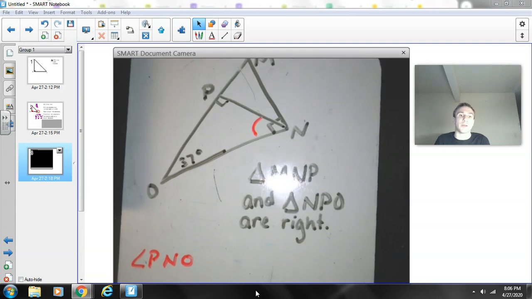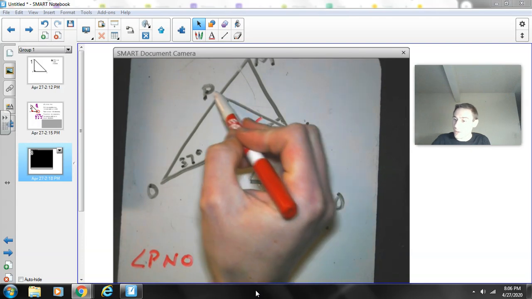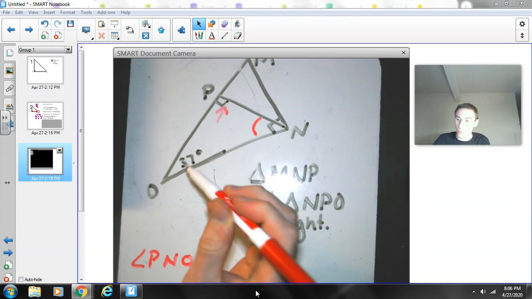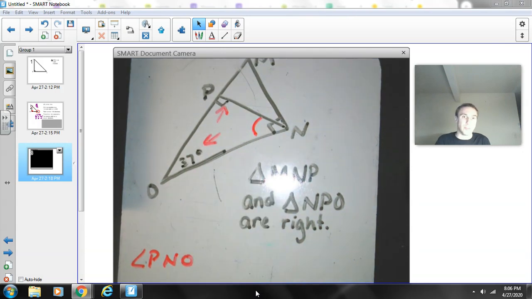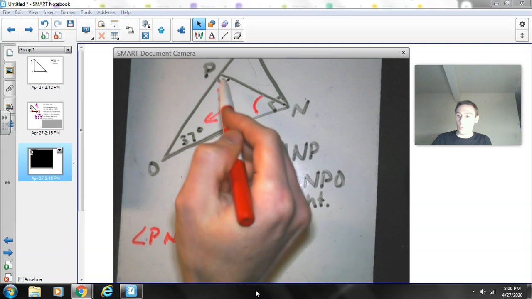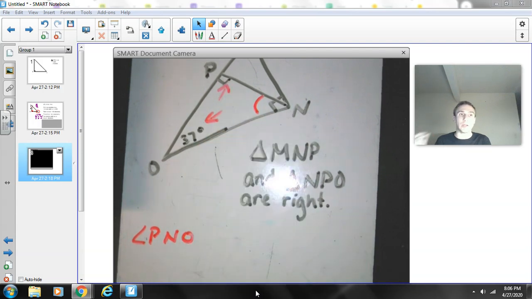What information am I going to have to use to solve for that? Well, if I look at triangle PNO right here, I see that I have the right angle, very helpful. And I have this 37-degree angle over here, also very helpful. So once I have that 90-degree angle, I know that I don't have to play with 180 anymore. I can play with 90, and this is a one-step problem.